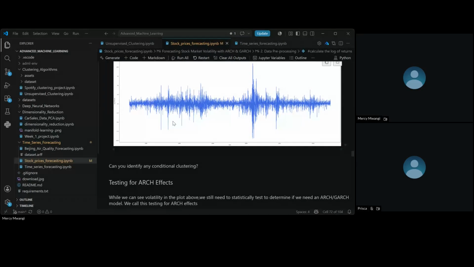So periods of high volatility follow periods of high volatility. Periods of low volatility follow periods of low volatility. So you end up with volatility clustering, because the high volatility periods come together, the low volatility periods come together. And you can see that even in the random noise.